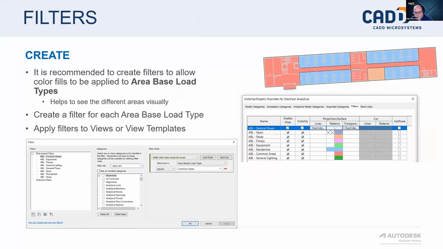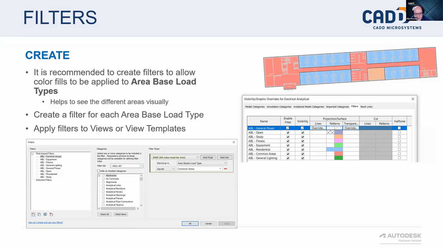I do recommend the use of filters when you do this, because without filters, all these areas will look exactly the same. Filters will allow us to create color codes, so we can visually tell which area is where in our plans. So I recommend creating a filter for each type of load that you have in there.